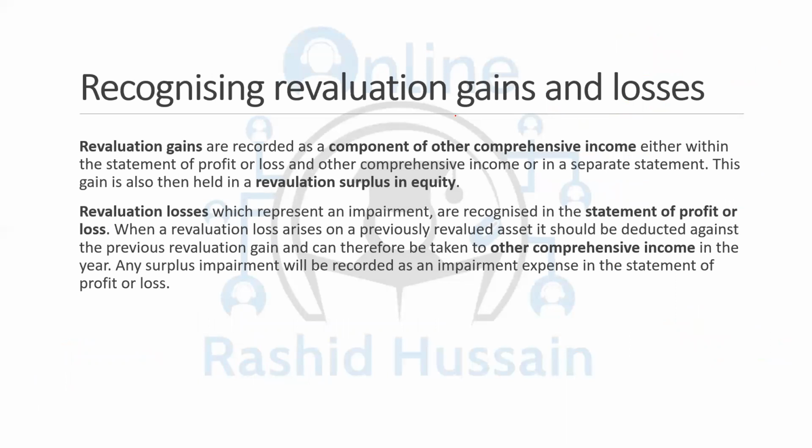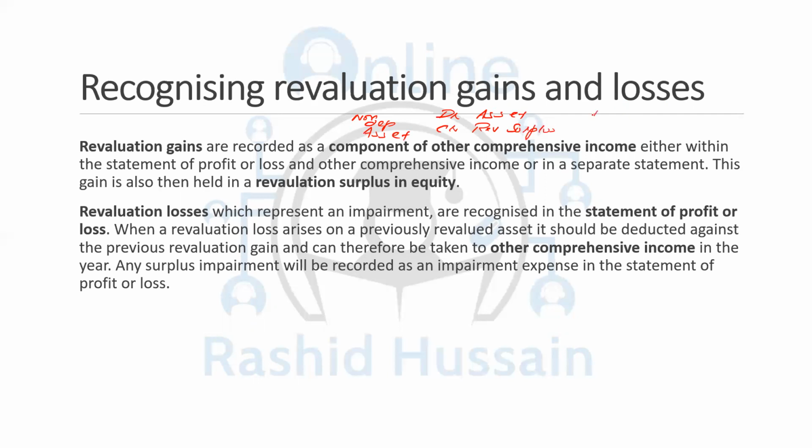Now we have recognizing revaluation gains and losses. We have already studied the accounting for the gains, and I've told you the double entry. If it is a non-depreciating asset, let's assume the land, and there's a gain in that, then debit goes to the asset, for example the land, and credit goes to the revaluation surplus.